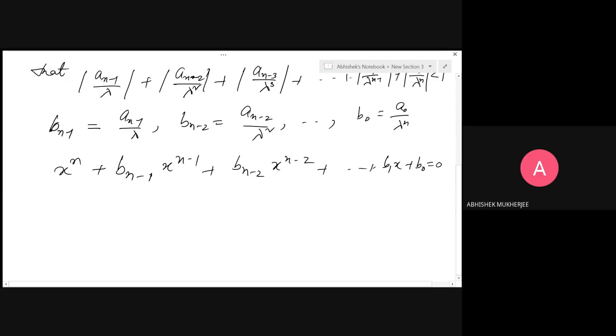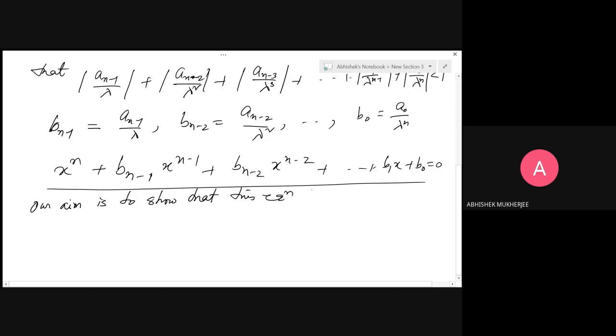So our aim is to show that this equation has a root x_0 in the field of complex numbers.